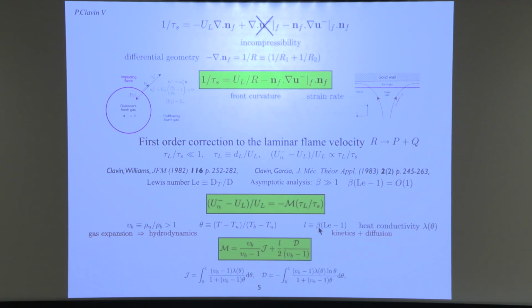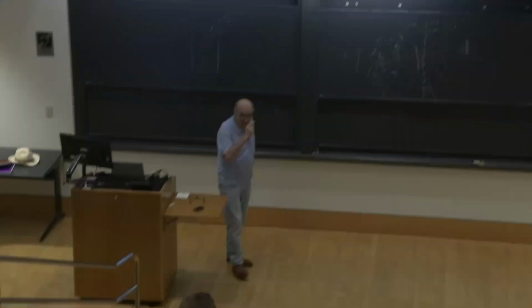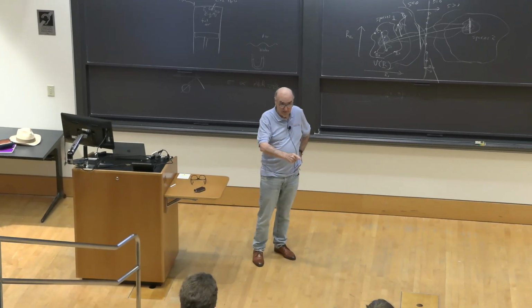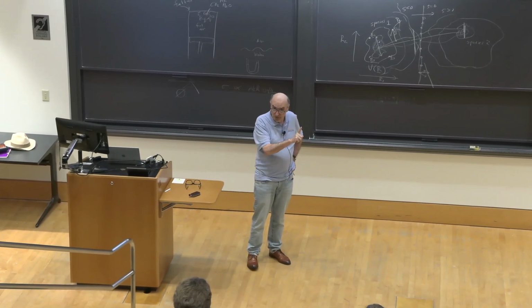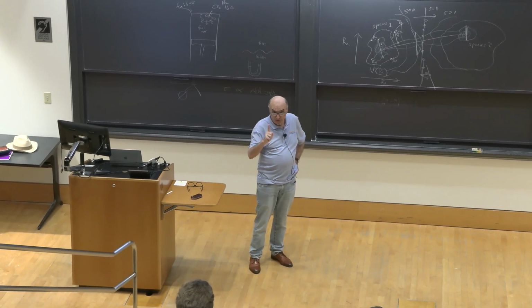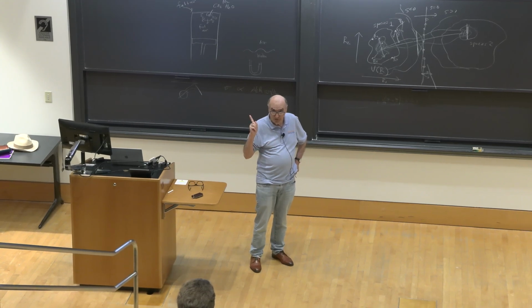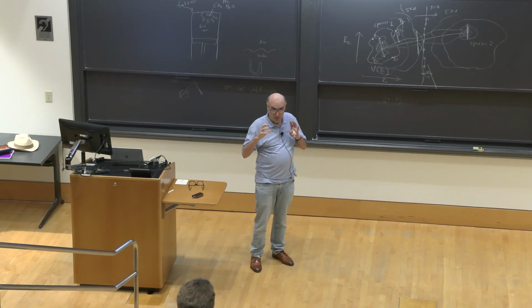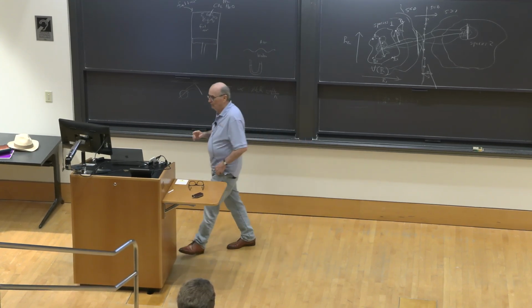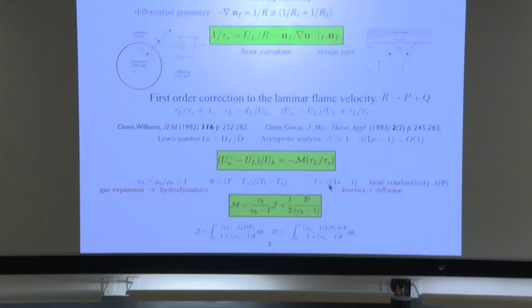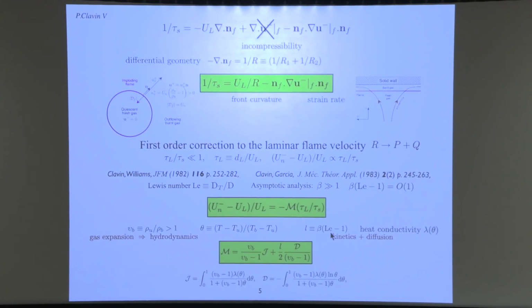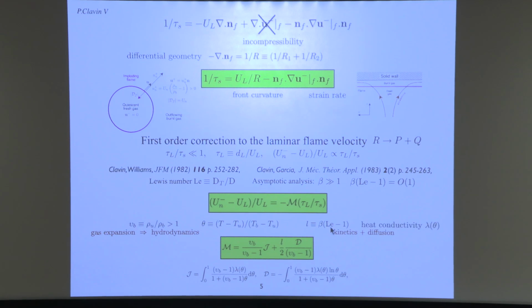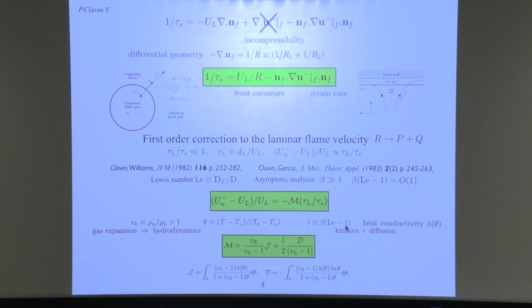Why does this number appear in the calculation? It is because you are working, as I showed you before, in the limit of large activation energy, but now with the Lewis number close to unity. You have what we call a distinguished limit. You make beta, the activation energy, go to infinity, and you make the departure of the Lewis number from 1 go to 0.